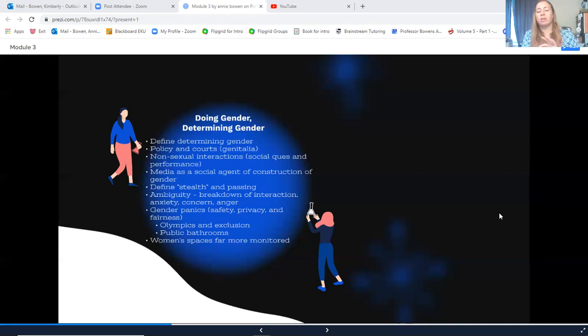It is interesting to me that this perceived safety issue has come from not only the idea that trans women, because they have a penis, are dangerous, but also that cis men, because they have a penis, are then inherently dangerous to women in these bathroom settings and are going to intentionally assault them. So what they're saying is this category of male is this creature of violence that is going to disrupt these women's spaces in violent ways.